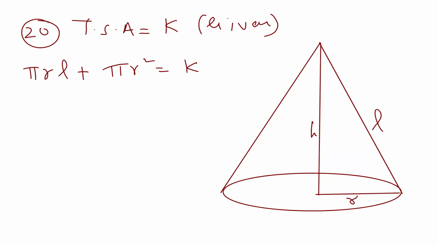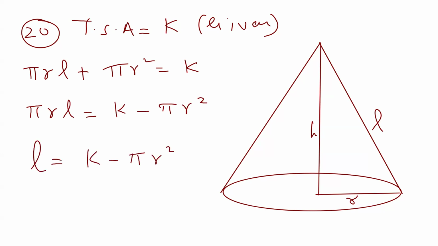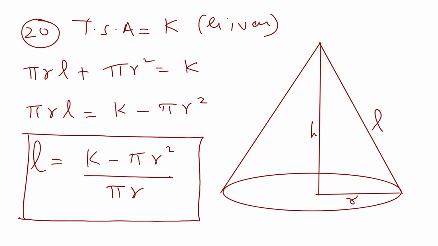Total surface area is a constant. So pi r L, we are trying to decode some information from here: K minus pi r square. So L is equal to (K minus pi r square) upon pi r.